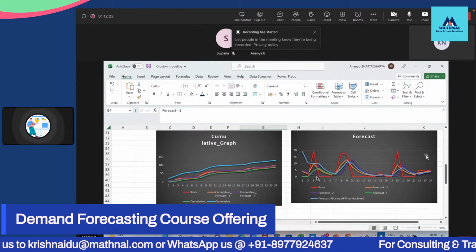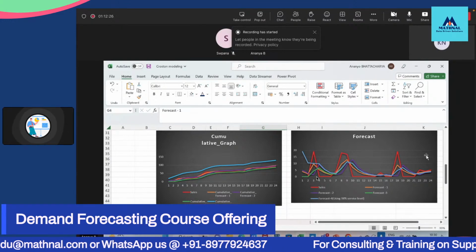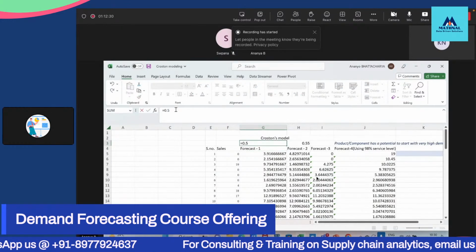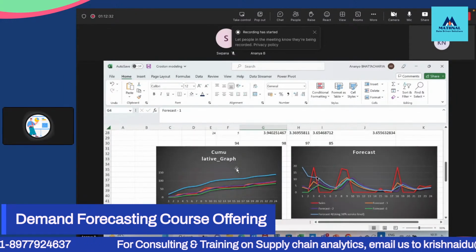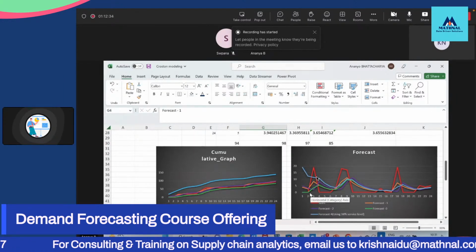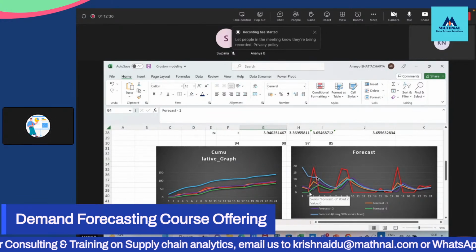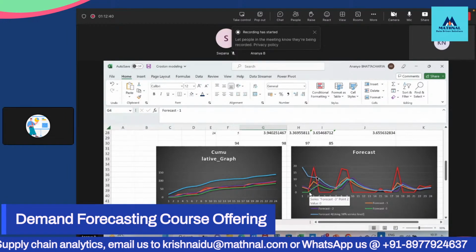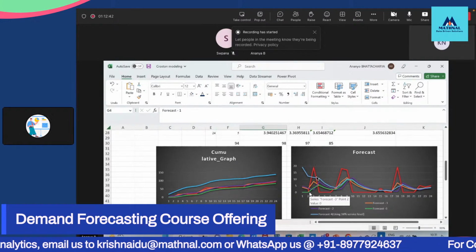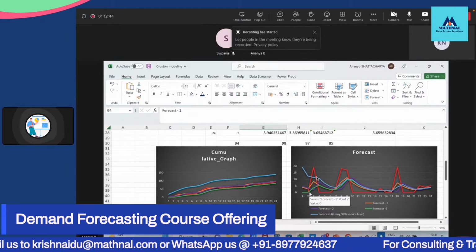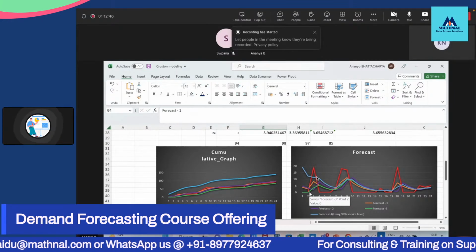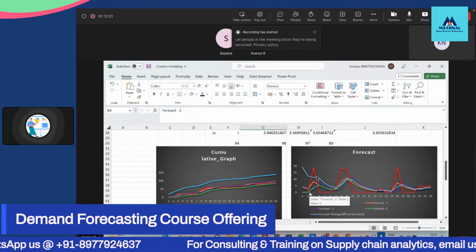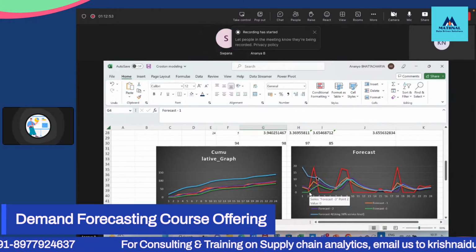Currently it is 0.45. Can you set the dampening effect to 0.35? When you do the dampening effect at 0.35, see, the gap is increasing. The gap for forecast 4 is increasing. The green one is forecast 3, and the red one also has a gap.